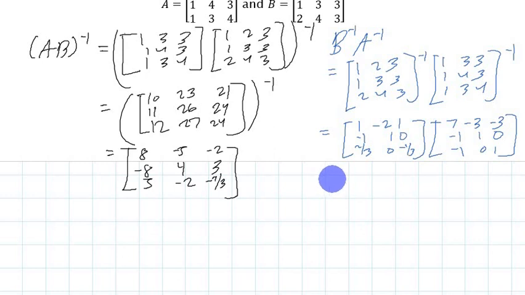In turn, we're going to get our product as [8, -5, -2; -8, 4, 3; 5, -2, -7/3].